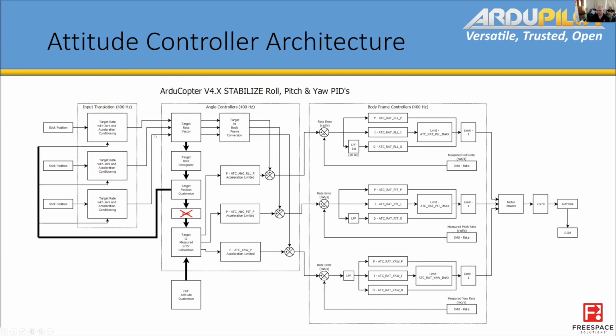We then take in a set of target rates that's integrated to a target angle using quaternion maths, and then we effectively fly acro in the controllers, and we remove any accumulative error, like angle error, over time. So we stay where we expect to be.